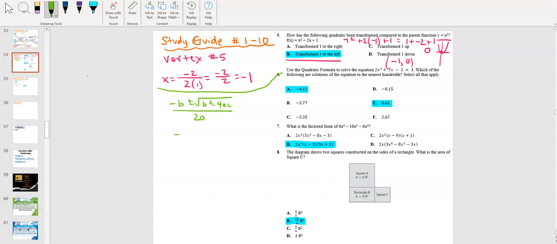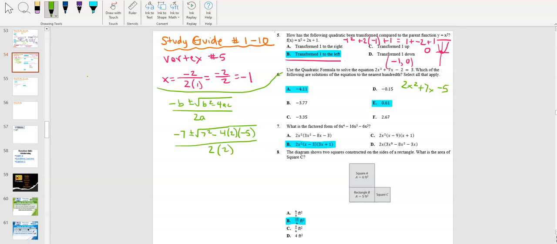So my b is 7. 4 times 2 times, oopsies, I forgot to move this over. So over here, I need to subtract 3 from both sides. So my equation is actually x squared plus 7x minus 5. And then at the bottom, I'm going to do 2 times 2.